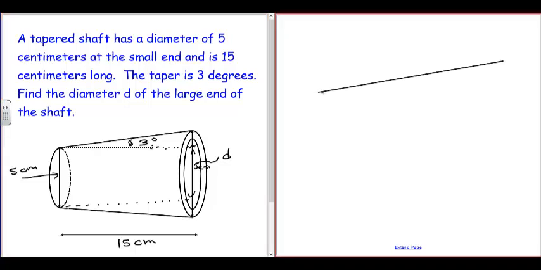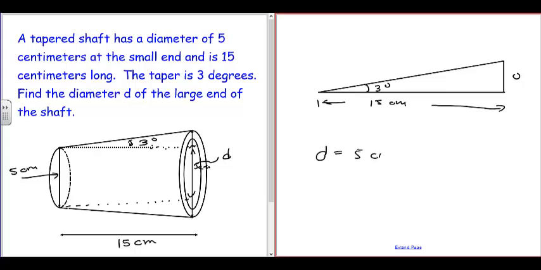It has an angle of 3 degrees, and this dimension is 15 centimeters. What we're trying to figure out is the opposite side. That'll be this distance right here, and then D will be equal to 5 centimeters plus 2 times the length of the opposite side for this triangle.